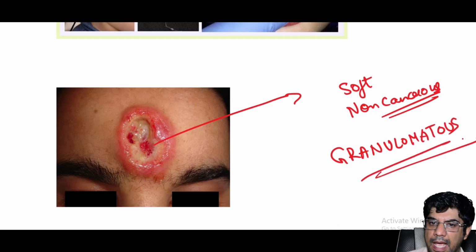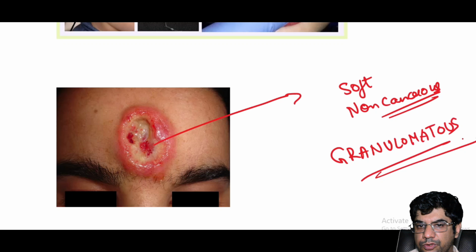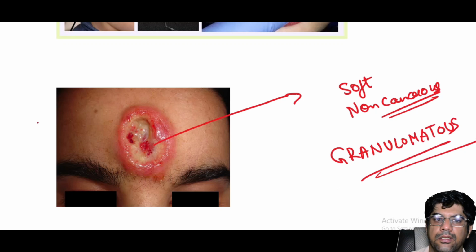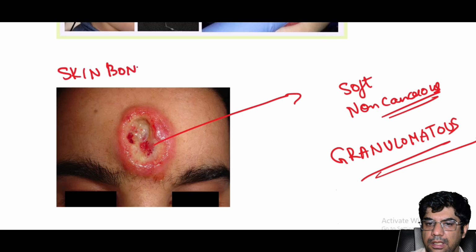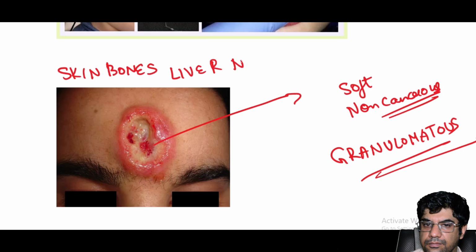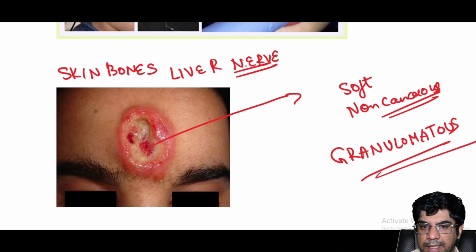They can develop in any organ or tissue, but they are most commonly found in skin, bones, liver, and the nerve. The gummas grow slowly and they can be painless or painful depending upon the location and the size.